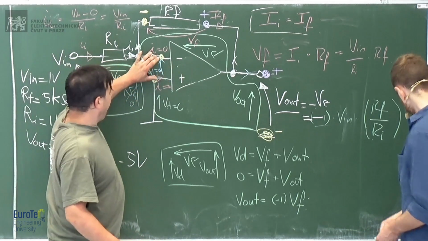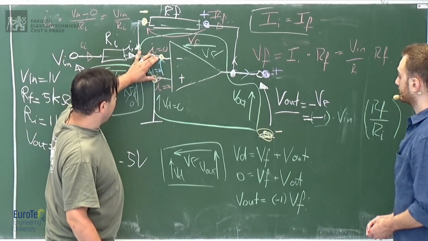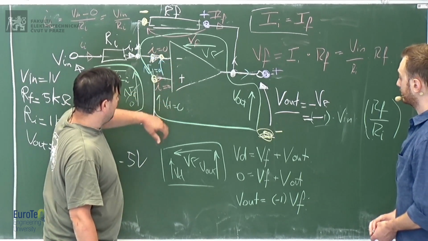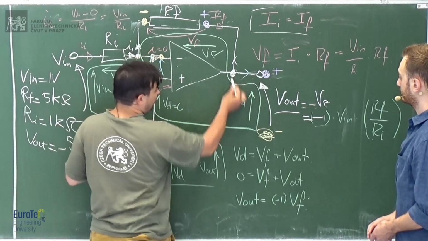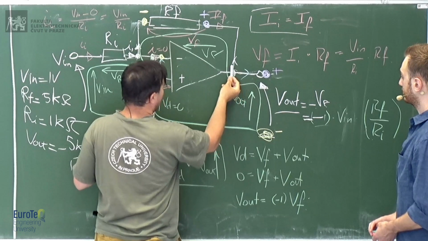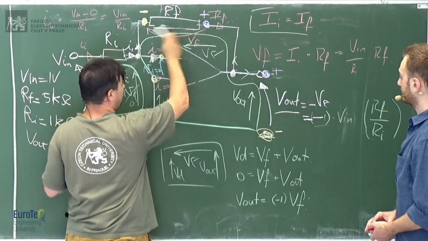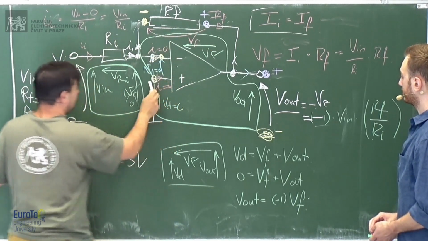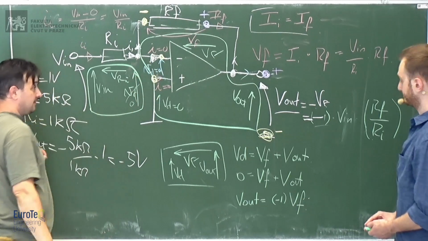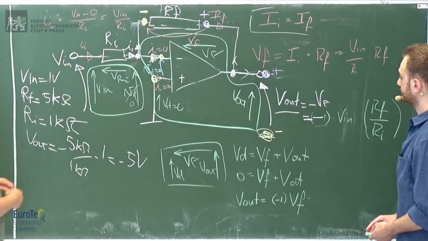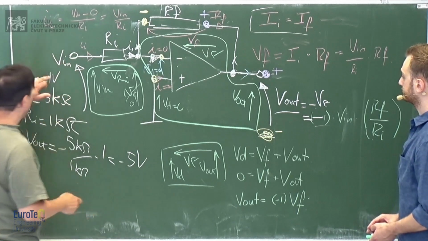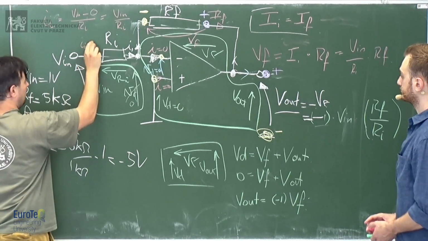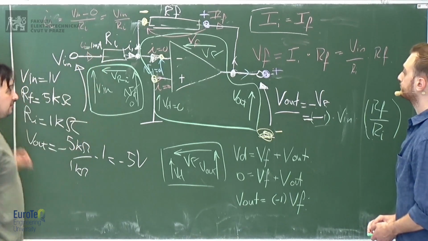The operational amplifier feels the difference of voltages between the negative and the positive inputs of the amplifier, and it will change the output voltage until the current which flows here will create a voltage drop so that here the difference will be 0, okay? So if, for instance, I have here 1 volt and here 1 kilo ohm, the current here will be 1 milliampere, correct?